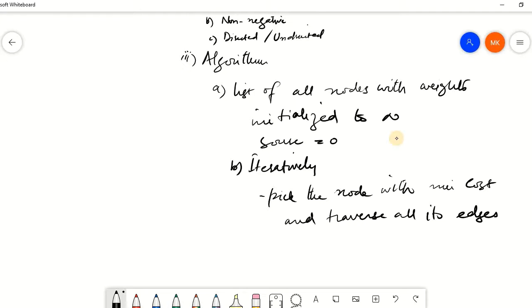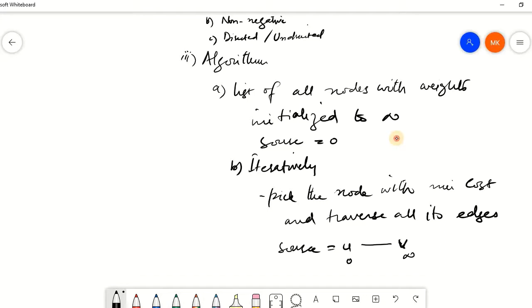And in order to update a weight, we need to apply a formula. Let's say we are currently at u, so the source is u, and there is an edge from u to v, and since we are at u, the cost at u is 0, and the cost at v, as we assumed earlier, is going to be infinity.